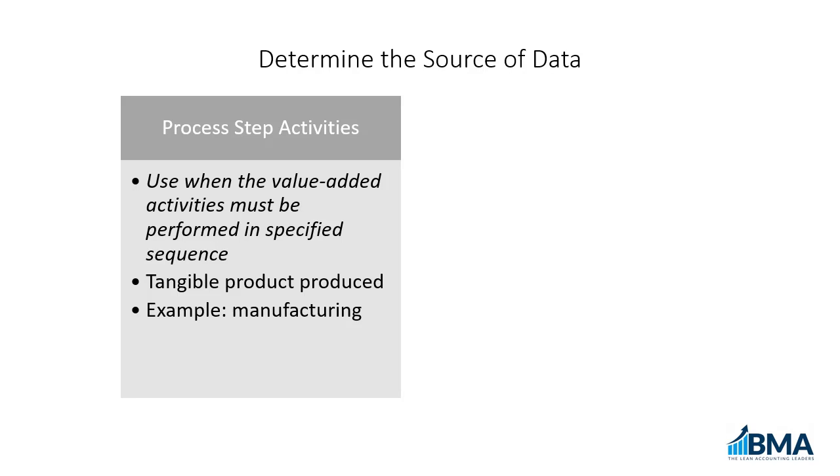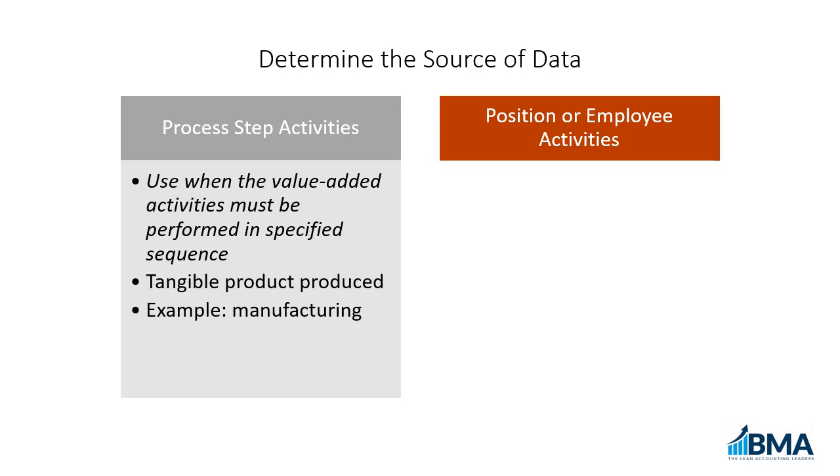For example, if you produce products in manufacturing, there is only one way to build the product. It must follow a specific sequence. You cannot cut corners, you cannot change the sequence of activities, or else you don't get a quality product. So in this case, looking at the activities in the process step is most effective.